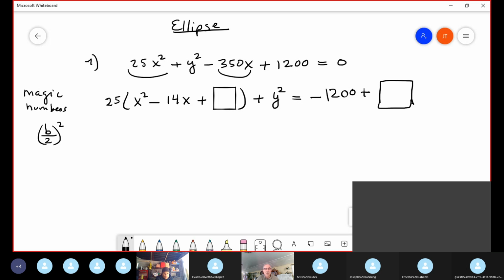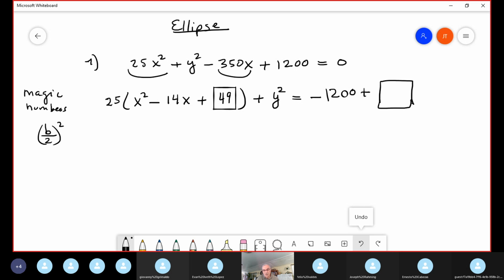Very well, Christian. Christian said 49 because, as I explained the last time, you take 14 divided by 2, which is 7, and you square it. And 7 squared is 49. And when you introduce the artificial 49, this trinomial is now a perfect square.